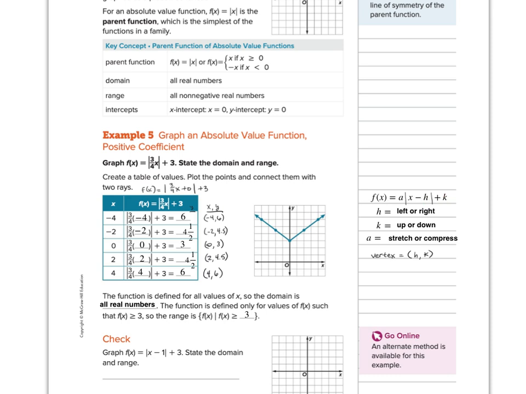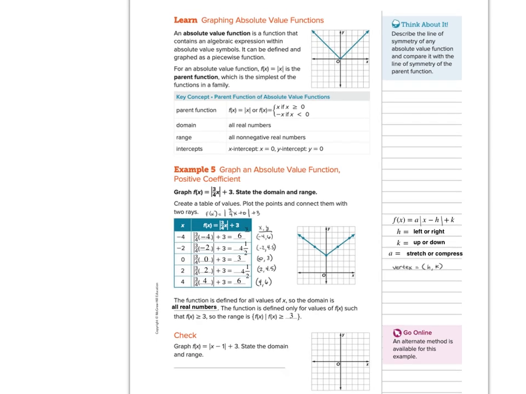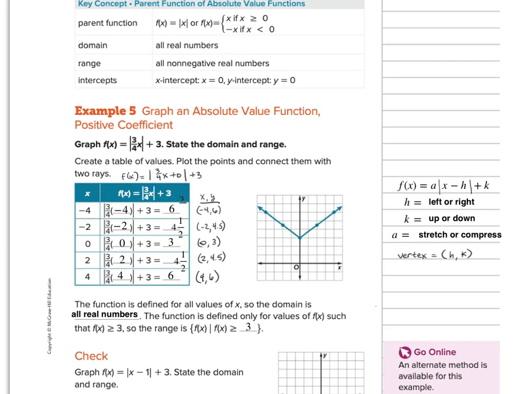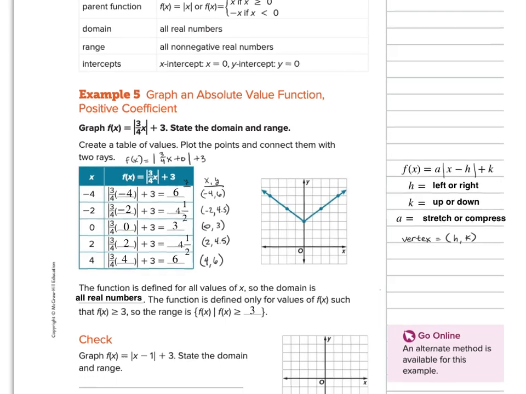Your h and k identify the vertex of the function, and depending on their values, it moves up, down, left, or right. And a, of course, stretches it. You have to remember that inside the absolute value you have all things positive and negative, and we'll get to that in the next example.